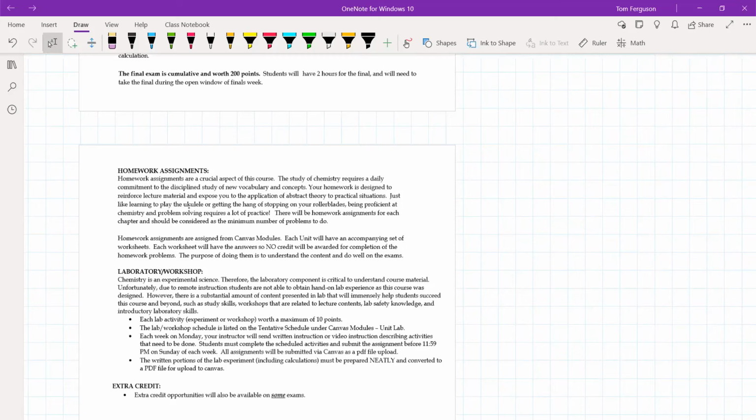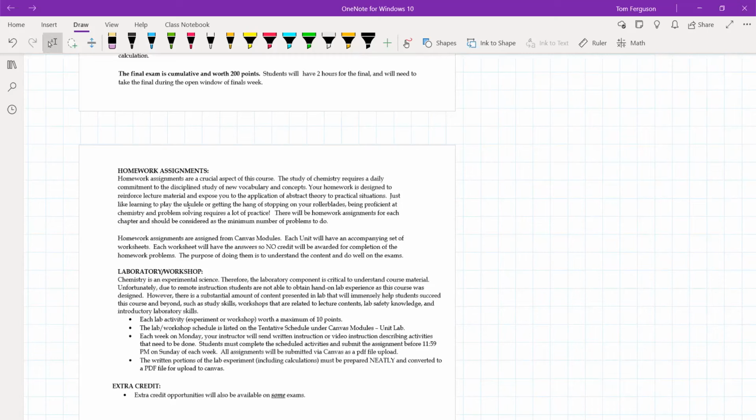So I don't assign Mastering Chemistry in this course or any course I teach. I don't like digital online services because students don't do well on them. A lot of students do fine, but there's a fair number of students that do not do well on them, and they get horrendously frustrated, and it's not fair to them, in my opinion.